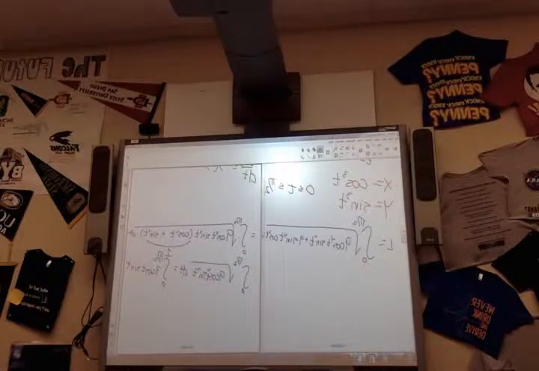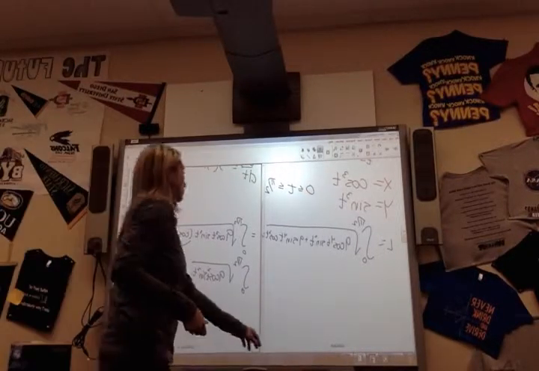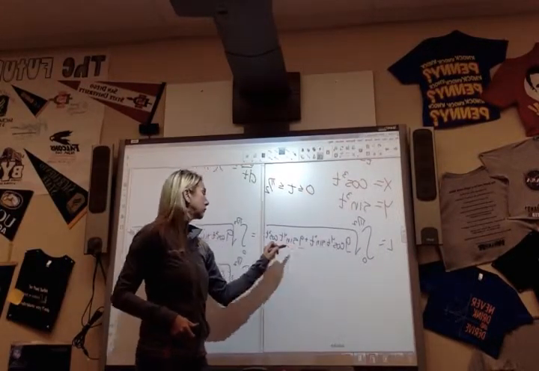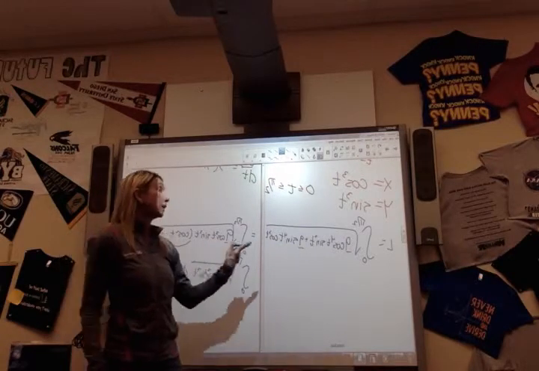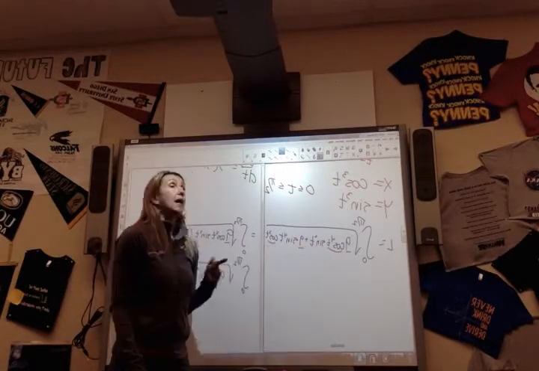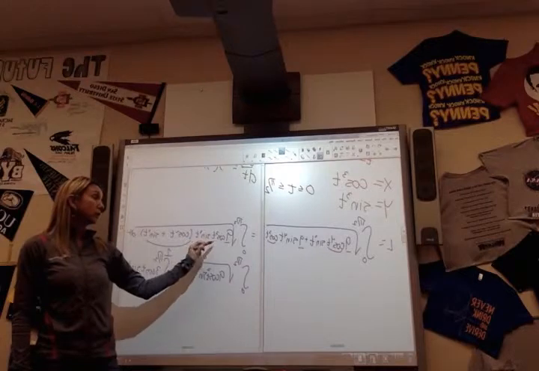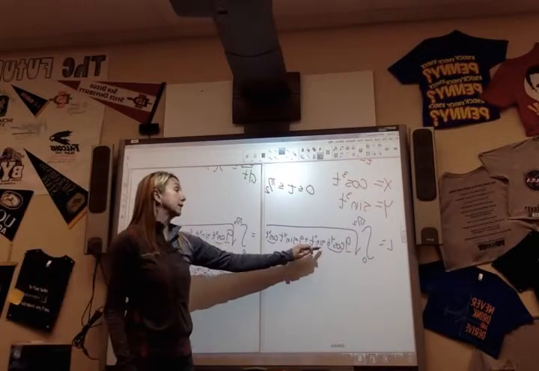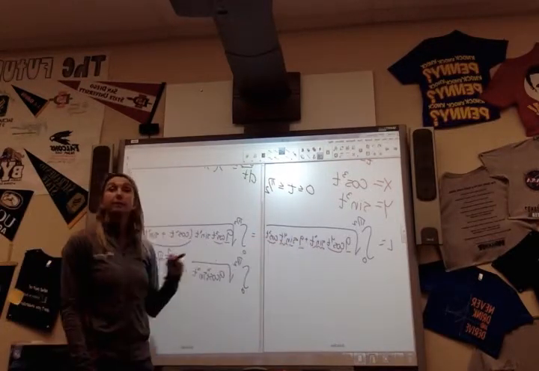9 cosine squared sine squared. That's what I was left with once I factored it out. Watch. I pulled the 9 out, so that's there. Then these have a cosine squared, so I pulled that out, and these also have a sine squared.